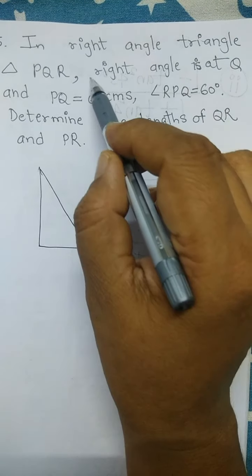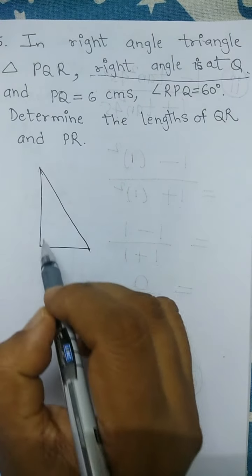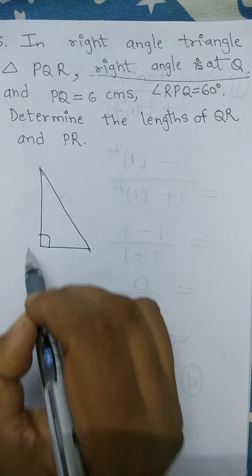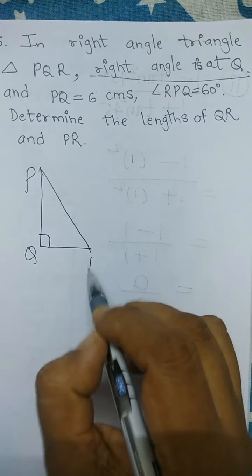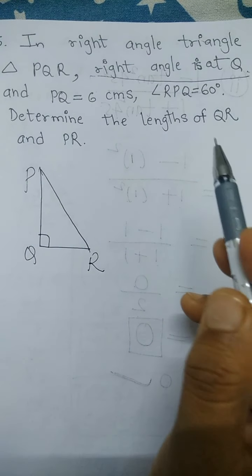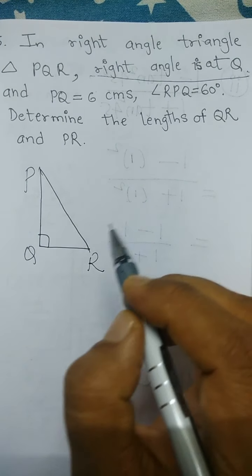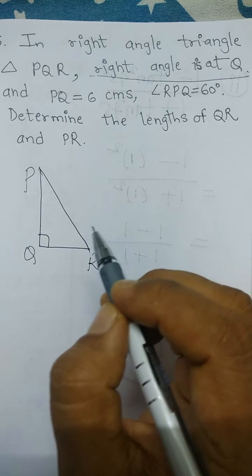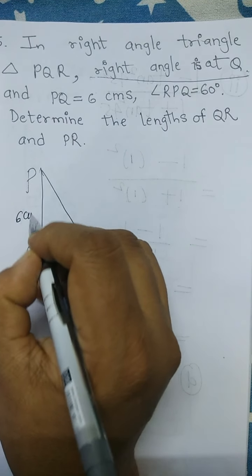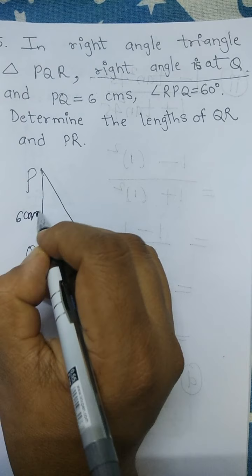Right angle is at Q, so this is Q. PQ is given as 6 centimeter. Where is PQ? Here, 6 centimeter.